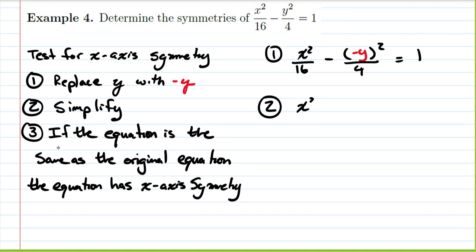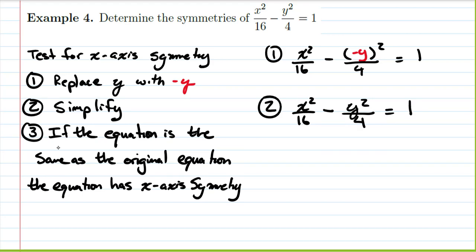So x squared over 16 doesn't simplify, minus, but then negative y times negative y, a negative times a negative is a positive, and y times y is y squared, so we get y squared over 4 is equal to 1.